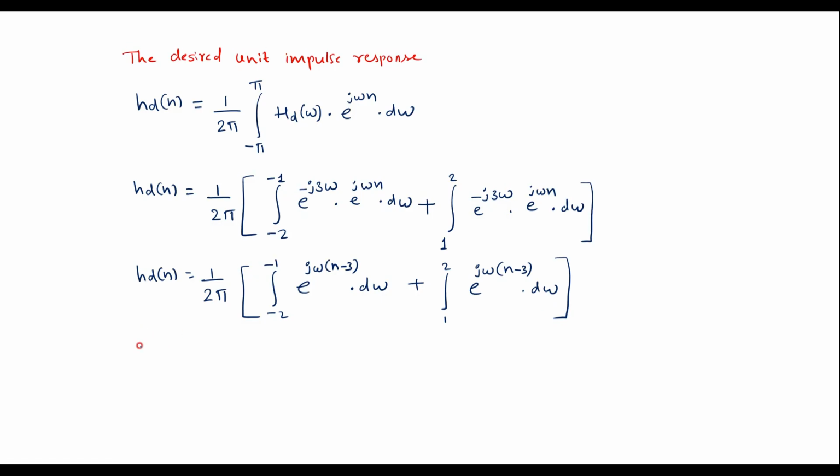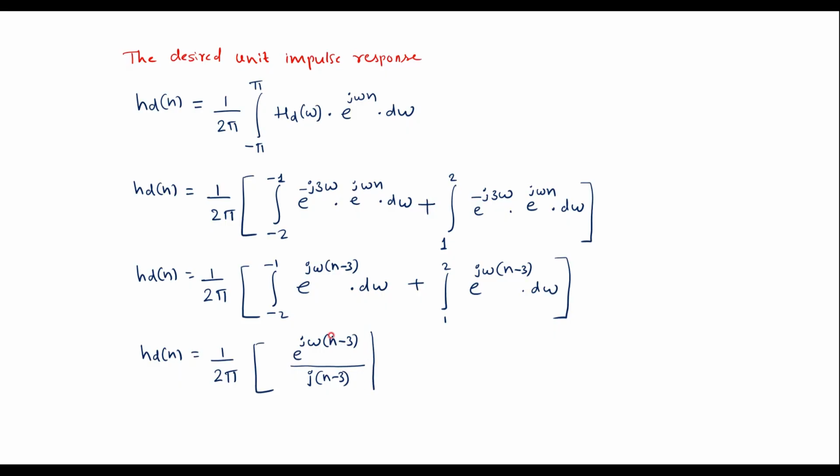Now simplifying further, HD of n is equal to 1 over 2 pi. The integration of e power j omega (n minus 3) is given by e power j omega (n minus 3) divided by j (n minus 3).